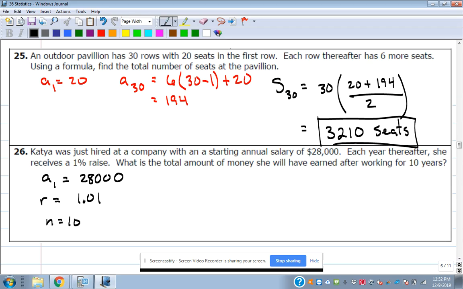So since it's geometric, I can go straight to that formula for the sum of the 10 years. That would be the first term, 28 grand, times 1 minus 1.01 to the 10th over 1 minus 1.01. And we just need to work that out.